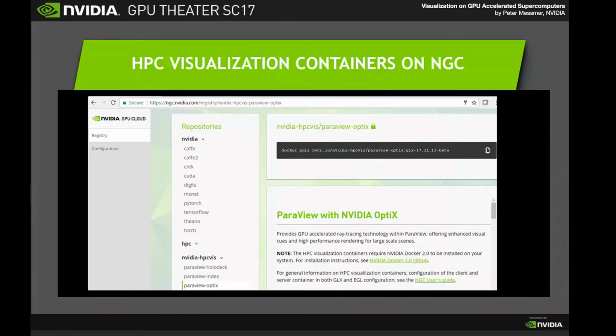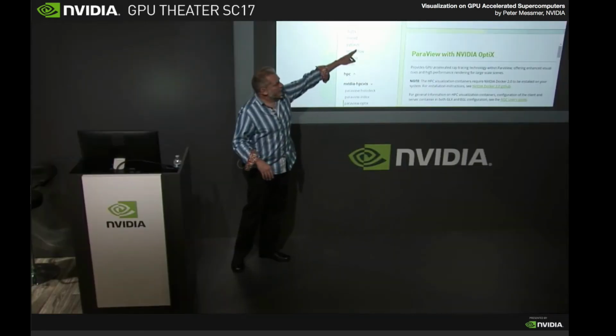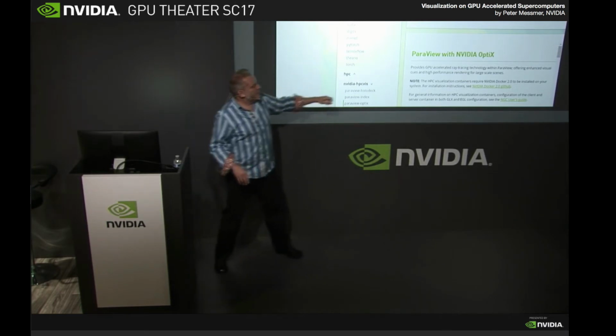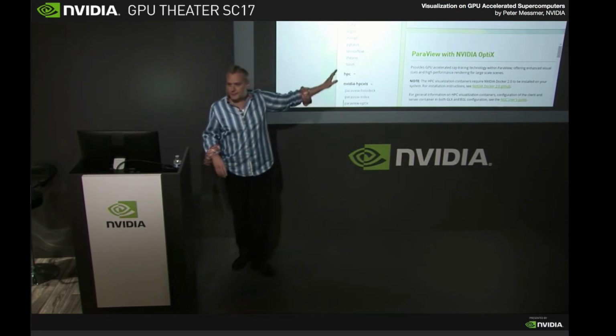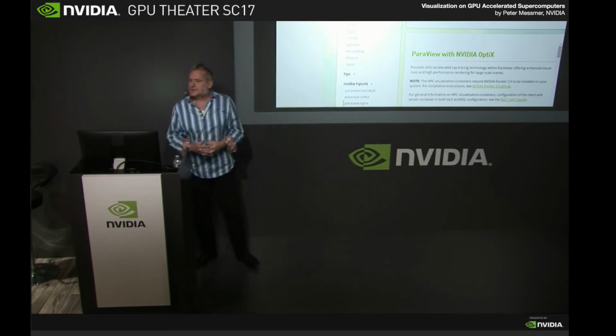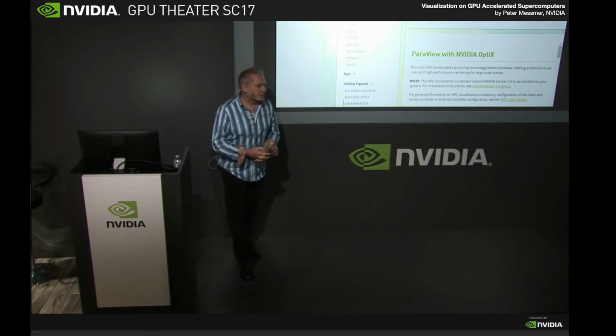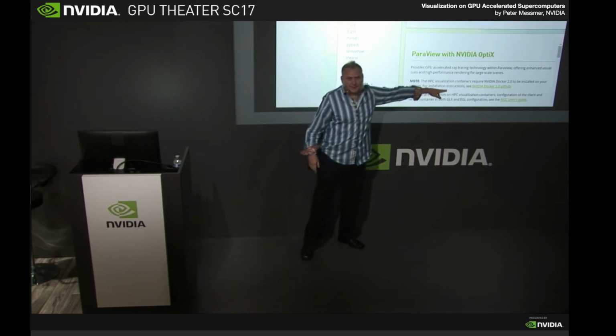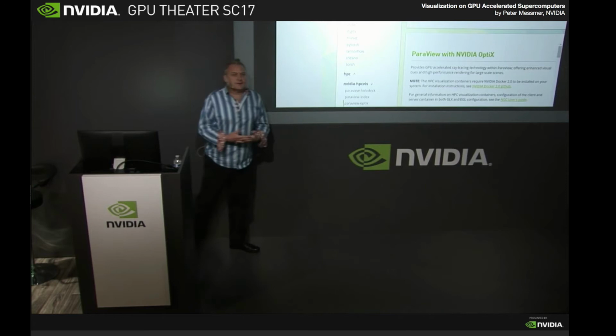In this case, I've selected ParaView with OptiX. You get the command to pull this container, and you also get a brief README that describes how you would get this container off the ground on your installation. As you can see, it also contains the link to NVIDIA Docker 2, in case you haven't installed that yet.